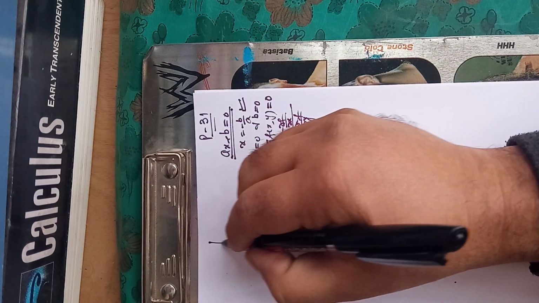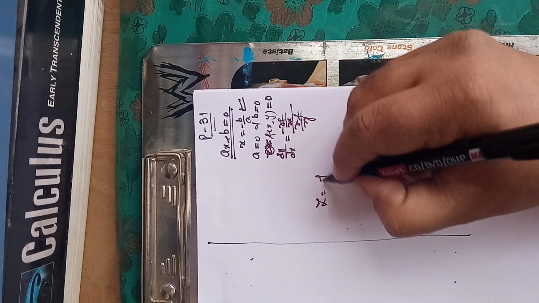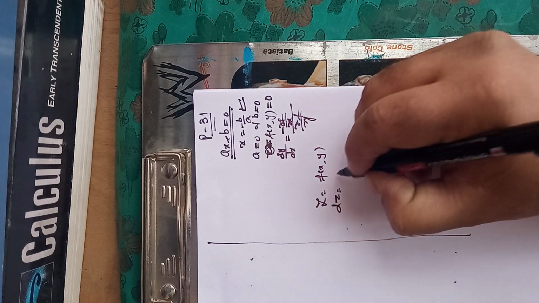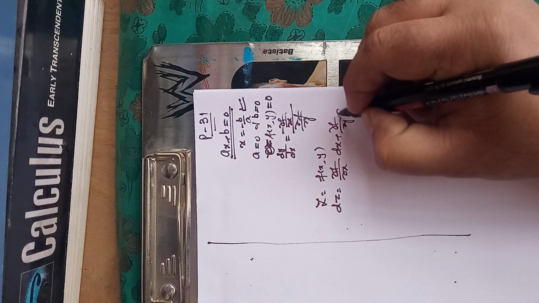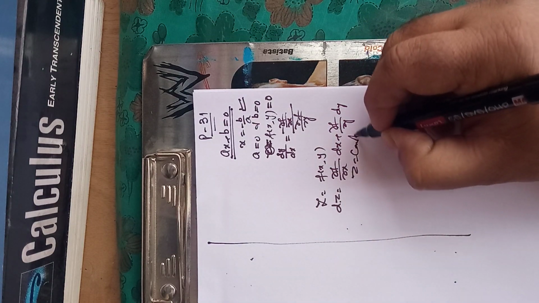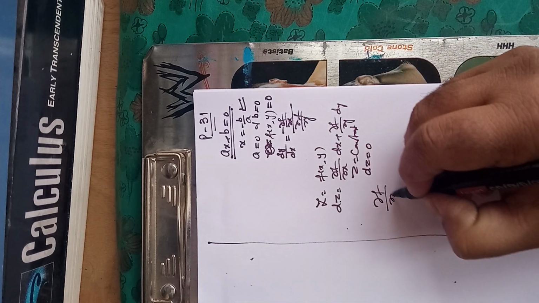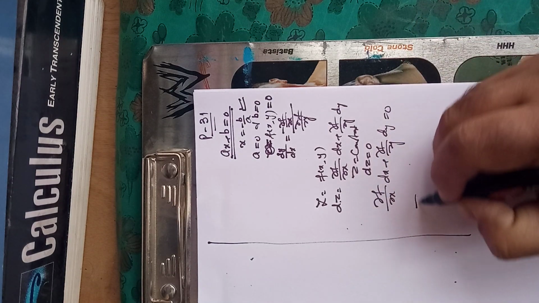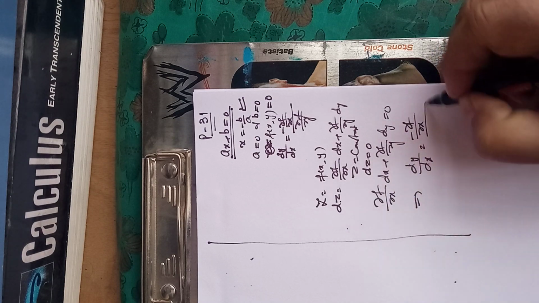If you don't remember, let me show it again. If z is a function of x and y, then dz = (del f/del x) dx + (del f/del y) dy. But if z is constant, then dz is 0, and (del f/del x) dx + (del f/del y) dy = 0. This gives dy/dx = -(del f/del x)/(del f/del y).